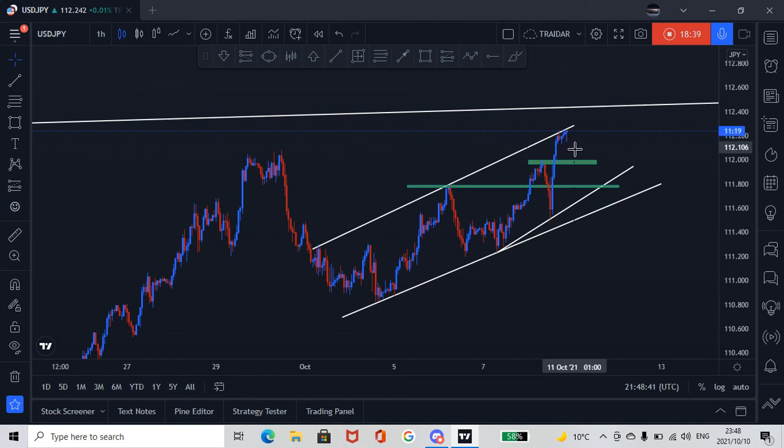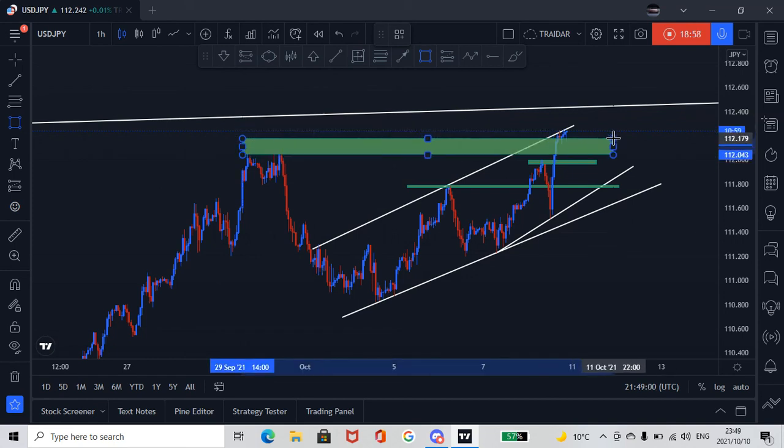I wish it comes back down to test this area, because it actually shot up and tapped this area, and then we'll see what happens when the market gets to this area right here. I don't have to forget this one right here.